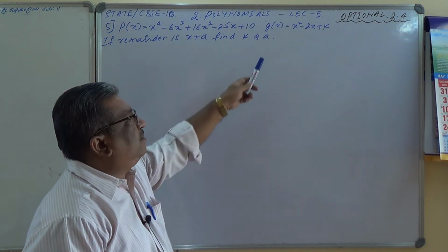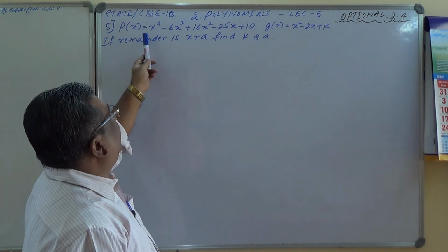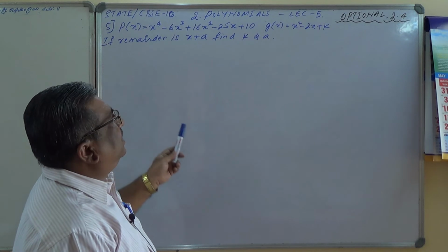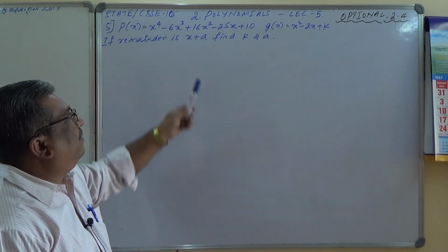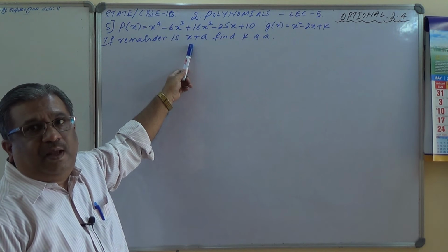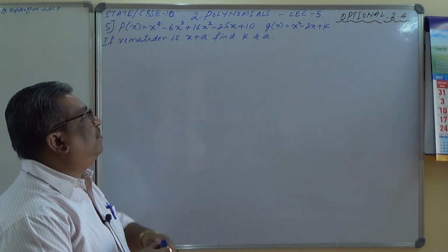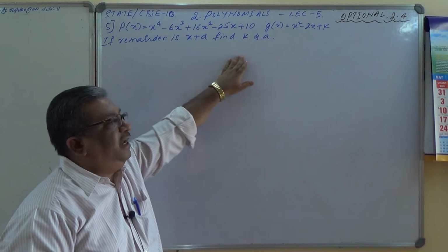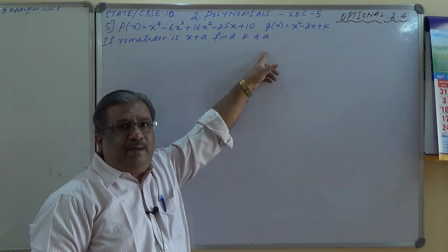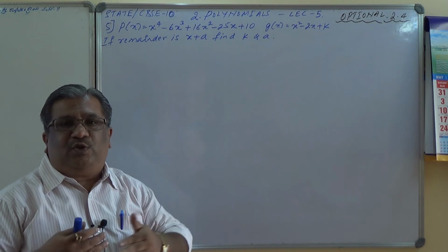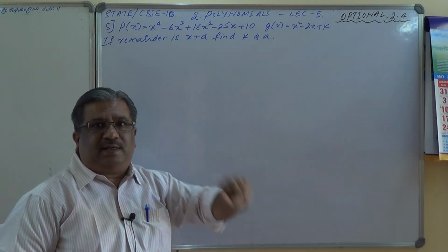So as it is, I have to consider g of x here, including that constant term, and also the p of x as it is, and apply the division algorithm, divide and find out the remainder, equate the remainder to x plus a. And on comparing the coefficients, we should be able to find out the value of k and a. So remember, we should be able to find out the values of k and a on comparing the actual remainder that we get with x plus a. Okay, that is the key point over here.